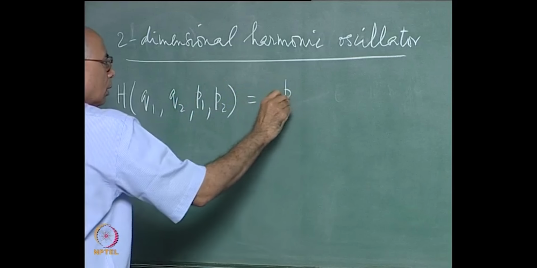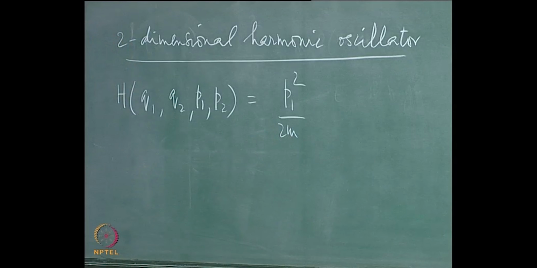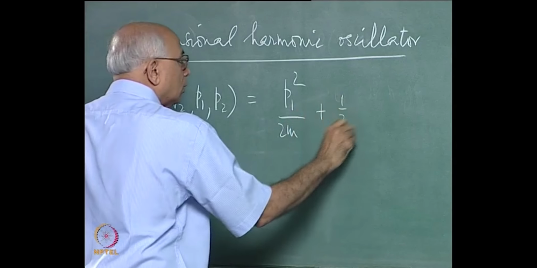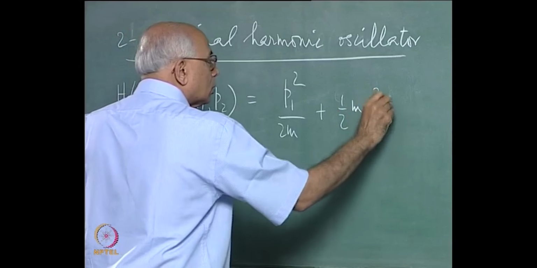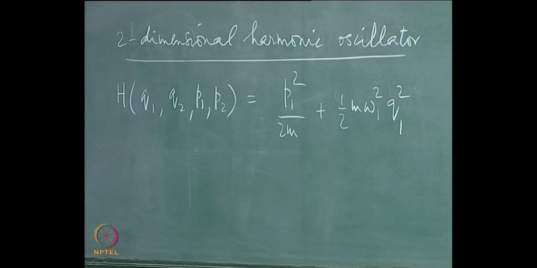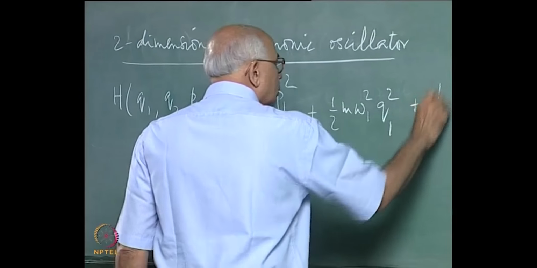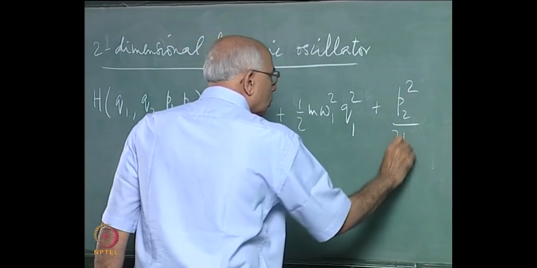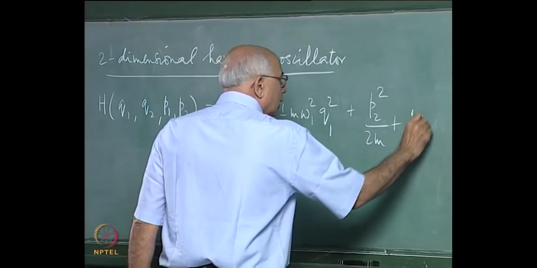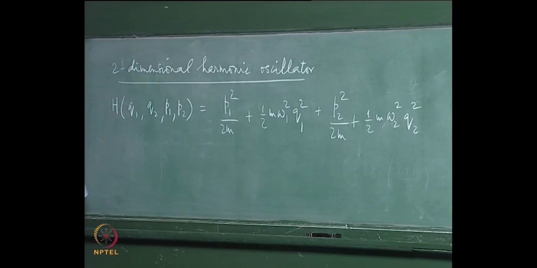H is equal to p1 squared over 2m, that is the kinetic energy of the first oscillator, plus 1/2 m omega 1 squared q1 squared, assuming the oscillator to have a mass m and a frequency omega 1, plus an identical expression, p2 squared over 2m plus 1/2 m omega 2 squared q2 squared for the second oscillator.